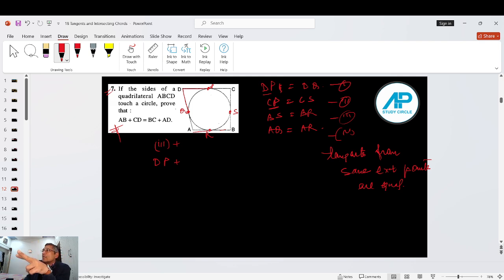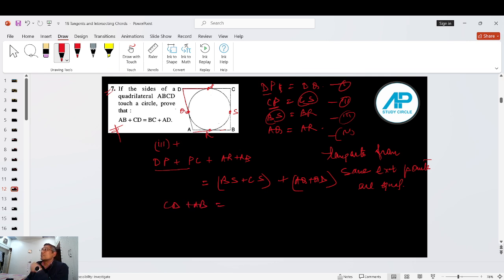So AB has 2 parts and CD has 2 parts. DP plus PC plus AR plus RB equals the other side. I want BC on that part, BS plus CS, and what else is required? AD, AQ plus QD.